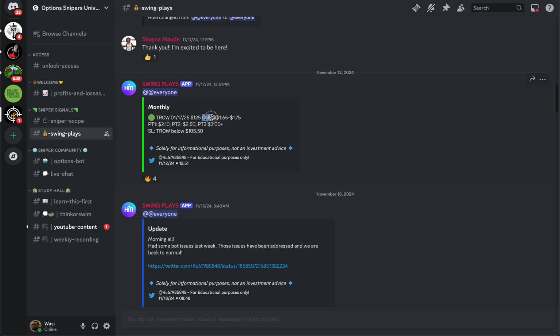Then the decision we're going with is a call. We would either have a call or a put. And then we have our premium price. This is the amount of money we're going to be spending on this trade based on the time it was posted. Now, this is very important. If you see this trade posted, you want to execute on this trade very near this time, so that your premium price is close.